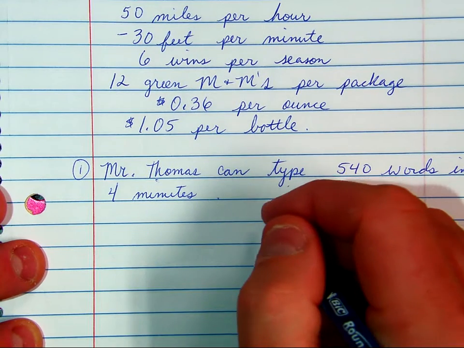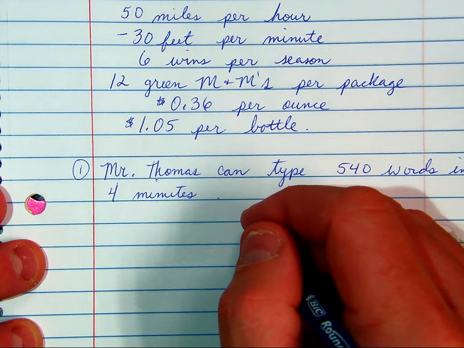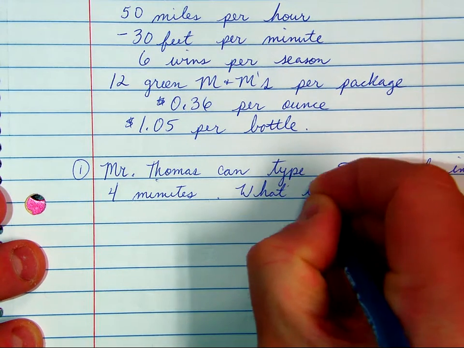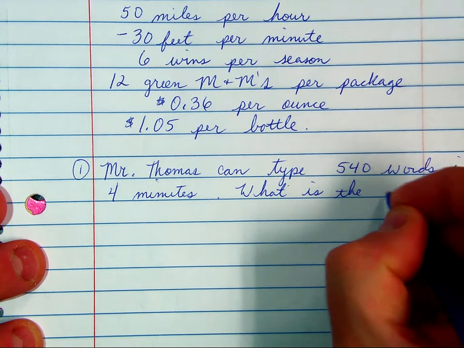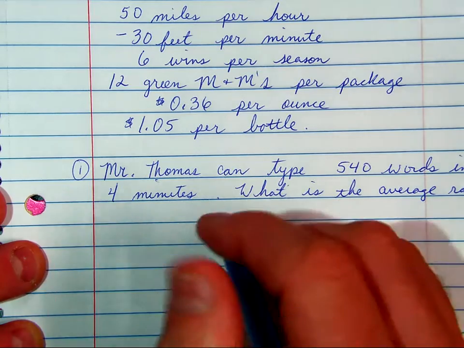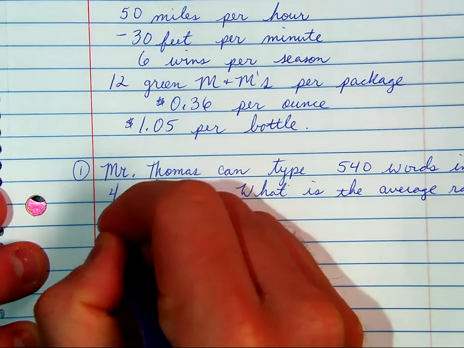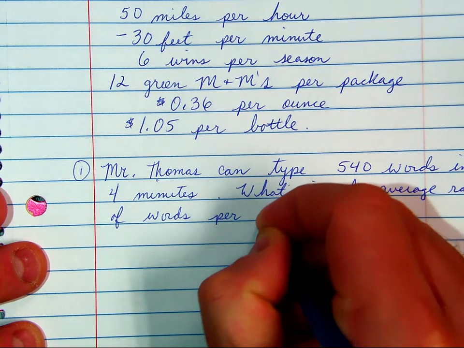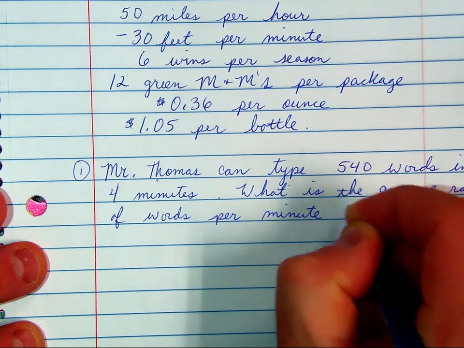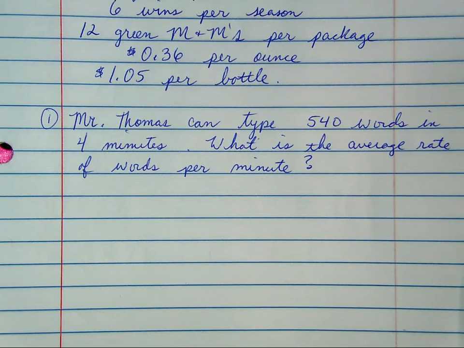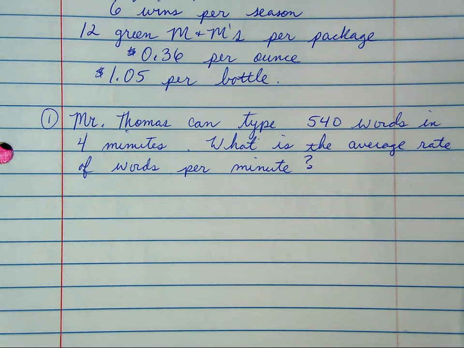What is the average rate of words per minute? Mr. Thomas can type 540 words in 4 minutes. What is the average rate of words per minute?